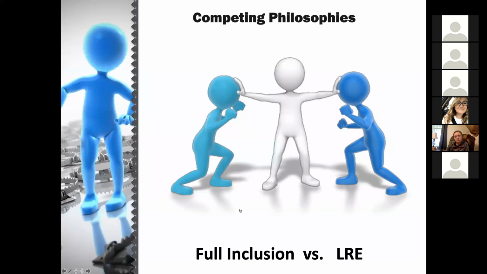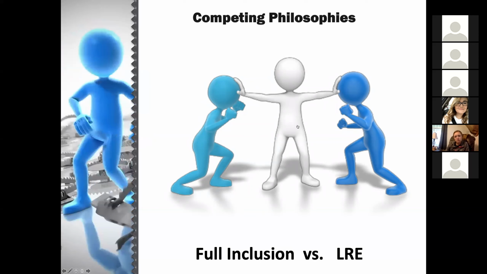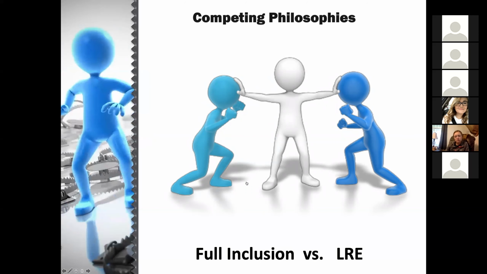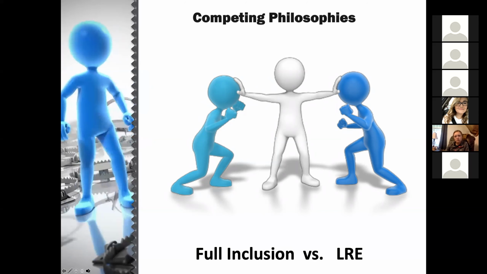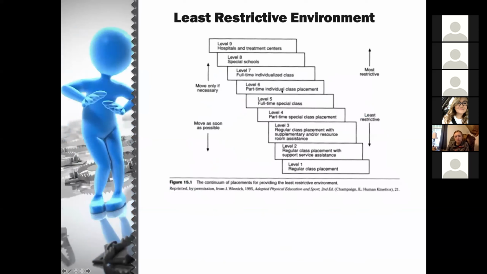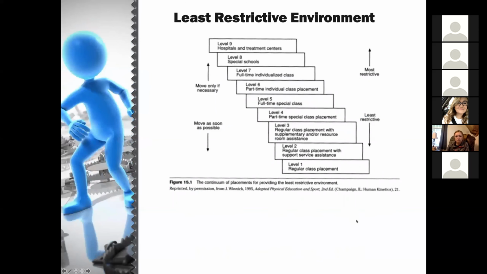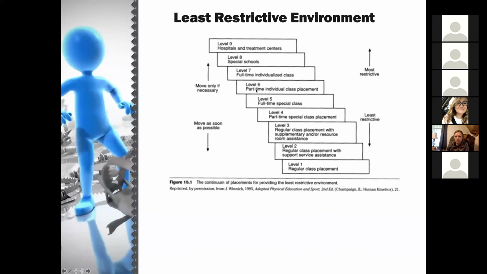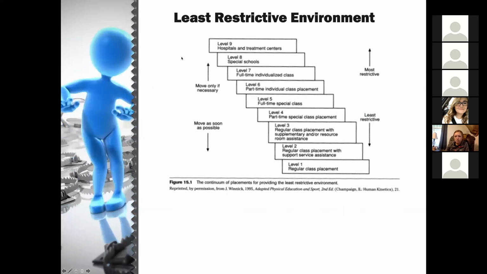Remember, I told you that there's a tension between full inclusion and least restrictive environment, and that a school district needs to offer all of these possible placements for students. We don't all go in a full-time inclusion unless it's warranted.